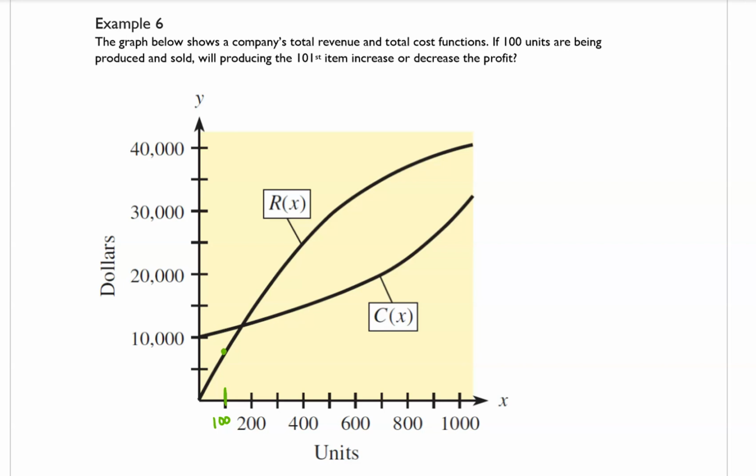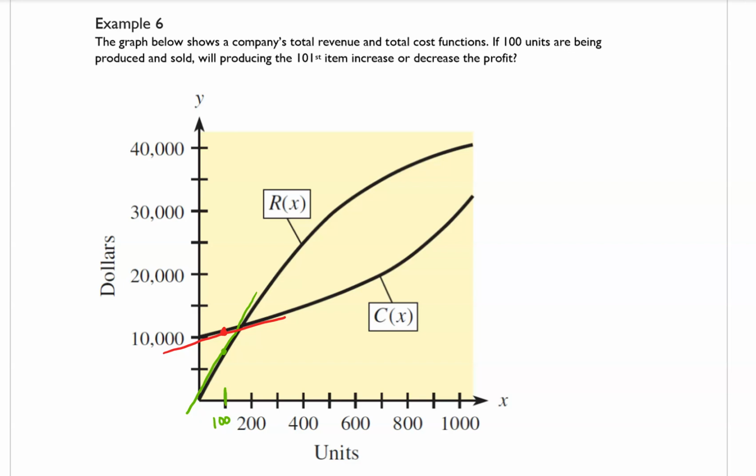So if I drew a little dot right here, the slope there would look something like that of the tangent line, and then for the cost function, the tangent line itself would look something like that. And which one is steeper? So take a minute, pause the video, ask yourself, which of those lines has the steeper slope?